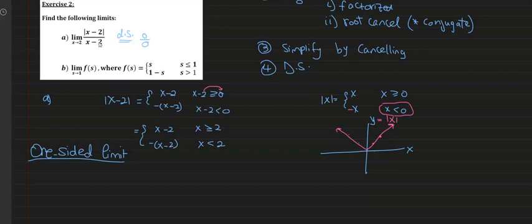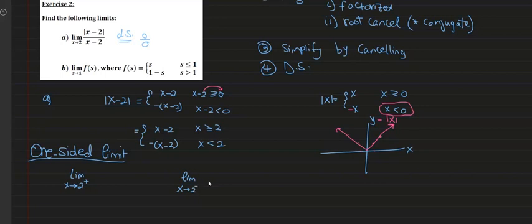So it's not the case that whenever you see an absolute value you go to the one-sided limit. No, only if it outputs 0 over 0 do we approach 2 from the right side, and then separately approach 2 from the left side.